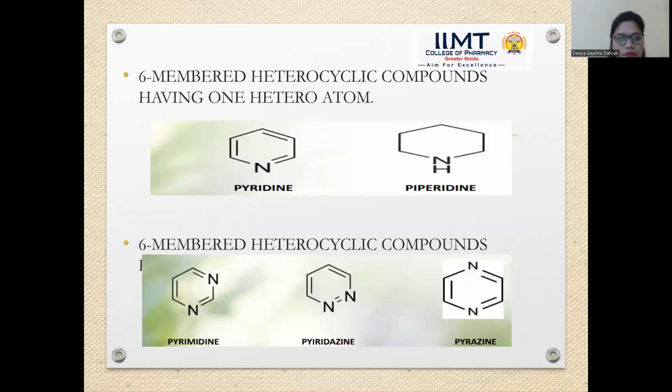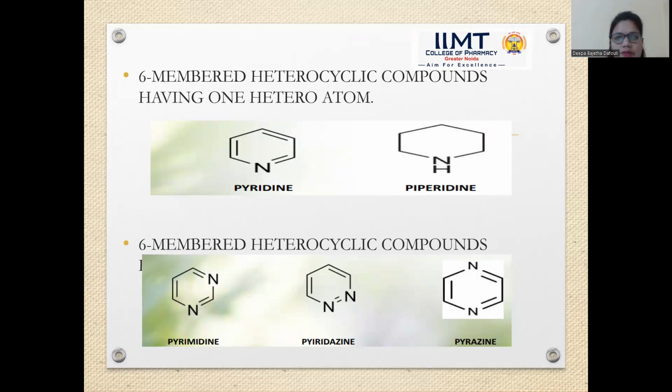So 6-membered heterocyclic compounds having one heteroatom. These are 6-membered heterocyclic compounds in which one nitrogen, or one heteroatom, is present in the ring. In pyridine, nitrogen is the heteroatom in the ring, and in piperidine, nitrogen and hydrogen are with the ring.